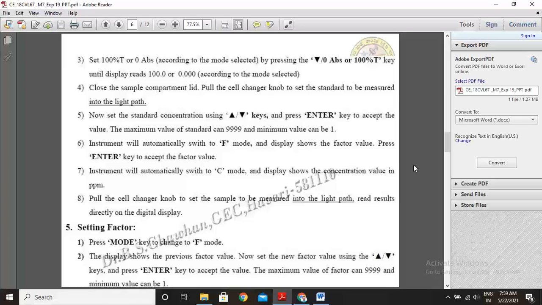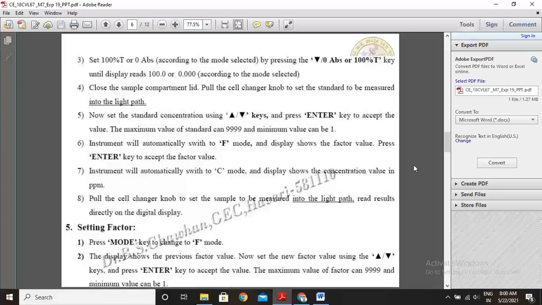So in this range you select any one value. Then the instrument will automatically switch to F mode, that is factor value, and the display shows the factor value. Press the enter key to accept the factor value. So this is the most important step.